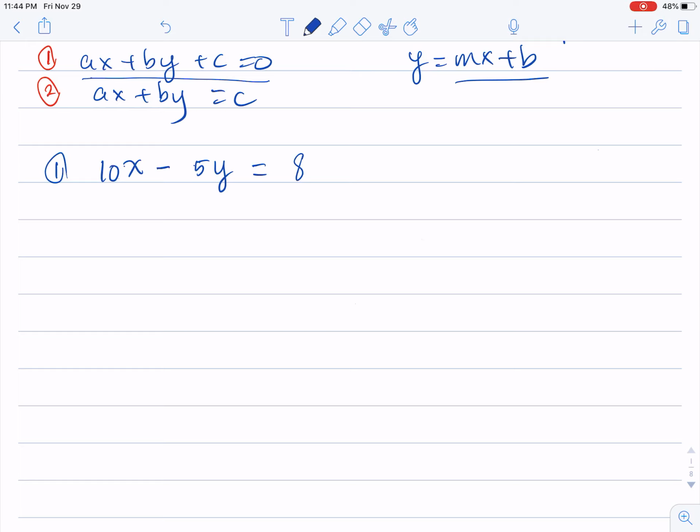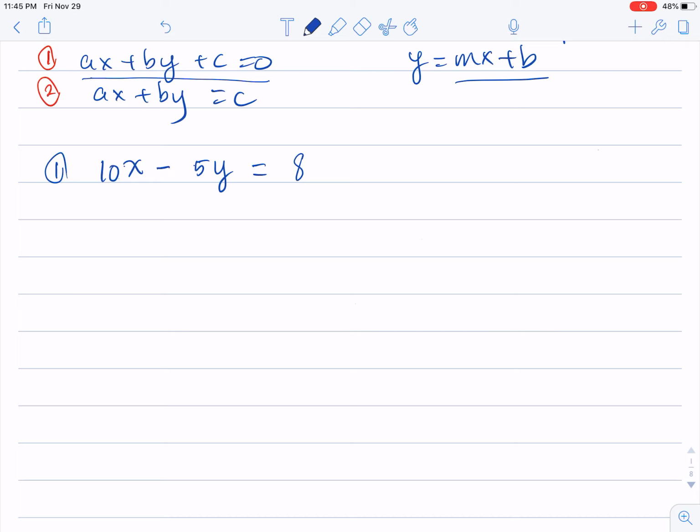And as I have mentioned before, dapat i-isolate natin yung y, no? Dapat yung y nasa isang side siya at yung lahat ng mga numbers and yung variable, no, na x ay nasa opposite side siya. So dito pwede nating iwan itong negative 5y, no, sa kaliwa.